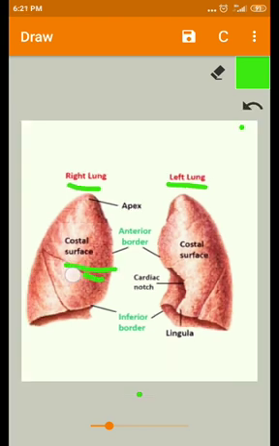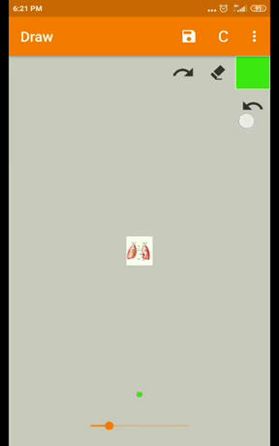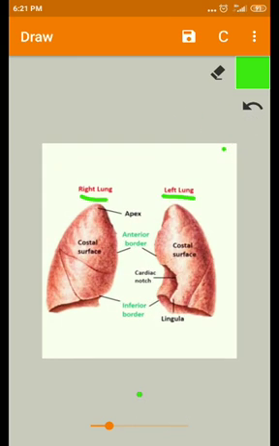Two types of fissures are present here: one is the horizontal fissure and the other the oblique fissure. This one is the oblique fissure and this one is the horizontal fissure. Because of these two fissures, the right lung is divided into three lobes.